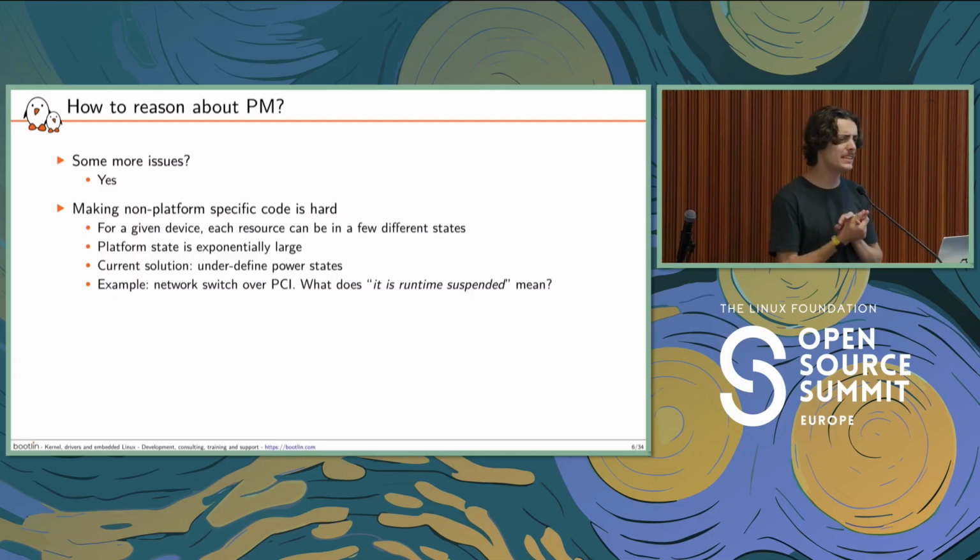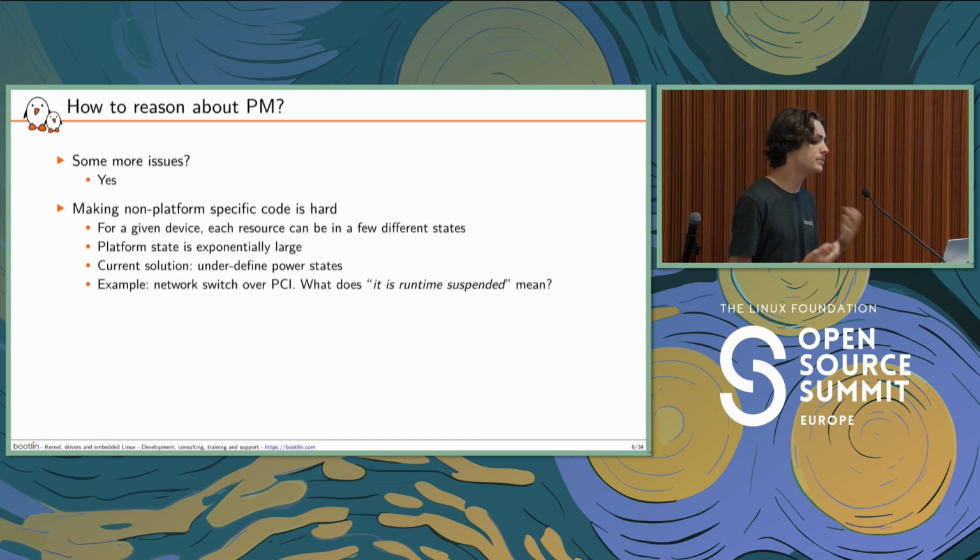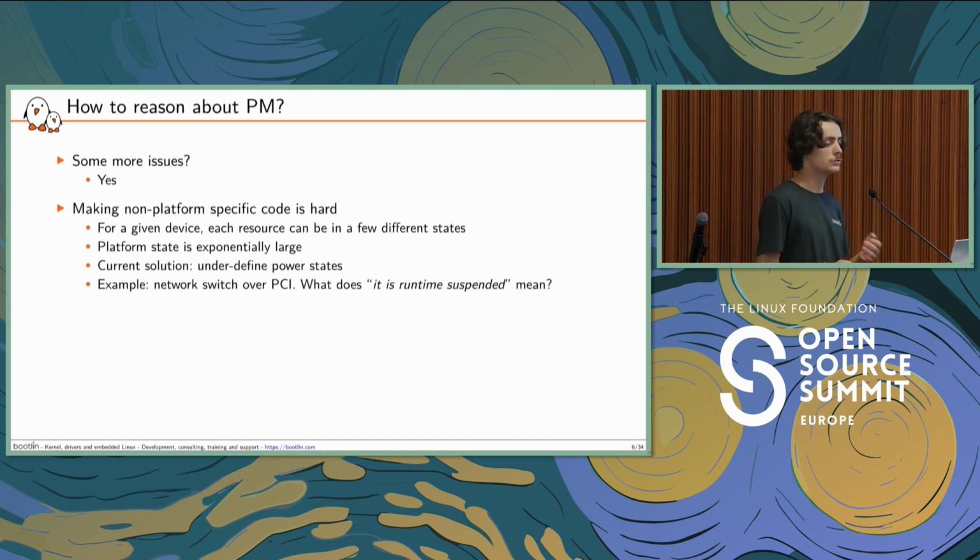So the way I see it is that the current state of your hardware is the combination of the state of every resource inside your hardware. And of course, every resource can be in a different state. It can be reset. You can have a clock that is lowered. You have multiple clocks for each. So that's a lot of states to handle. And you sum that up to make a massive combination that is your current power state.